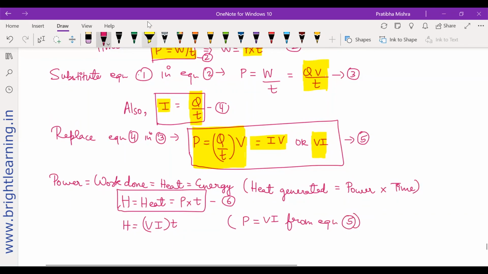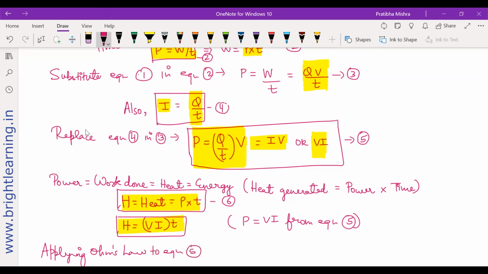Next, we will highlight this and also highlight this. It's the same thing. And then what you will do is apply Ohm's law to it. Applying Ohm's law to equation number 6.